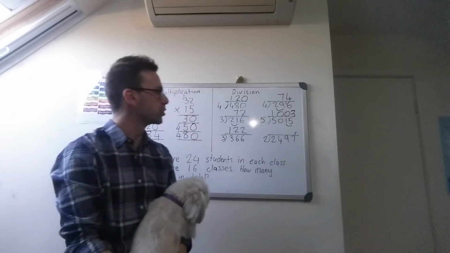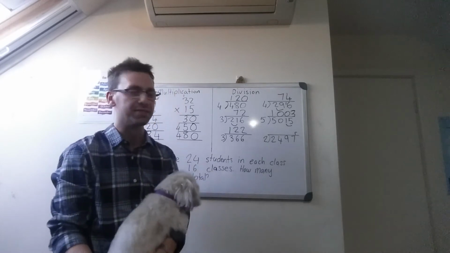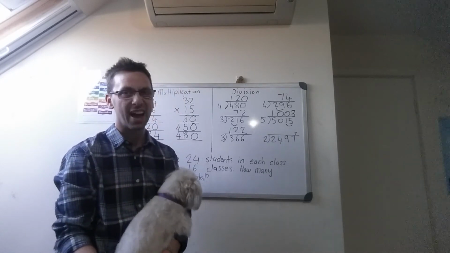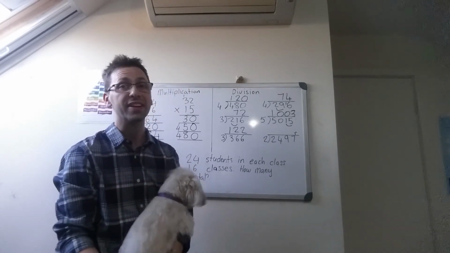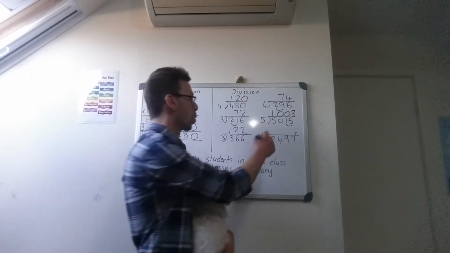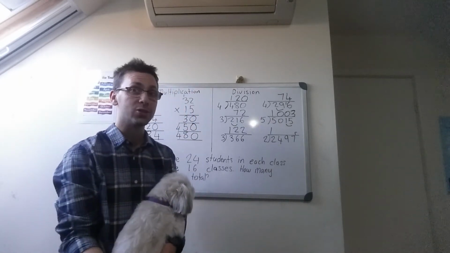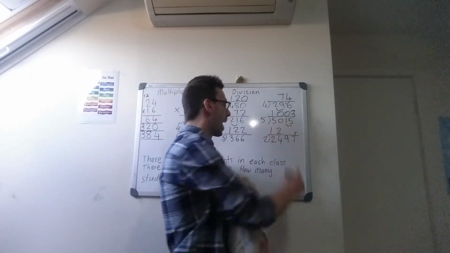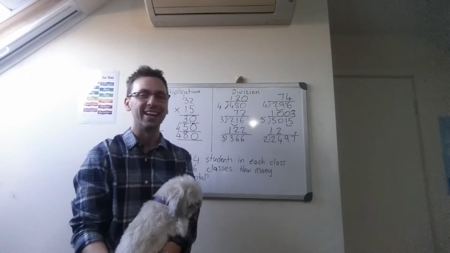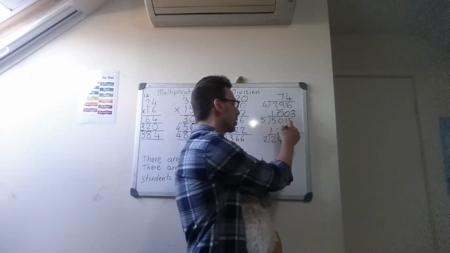Now, how many 2s are in 2,497? I'll give you a clue. There is a remainder. How many 2s are in 2? 1. How many 2s are in 4? 2. How many 2s are in 9? 2, 4, 6, 8, 4.